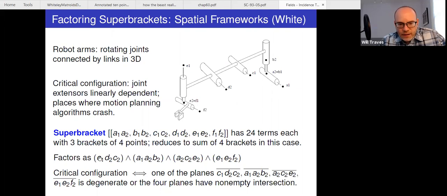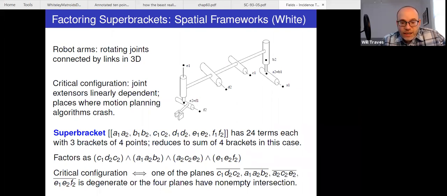Either these guys lie on a line, or these guys lie on a line, or these guys, or the planes generated by these collections of 3 vectors, the 4 planes generated by them have to intersect in a non-empty intersection.